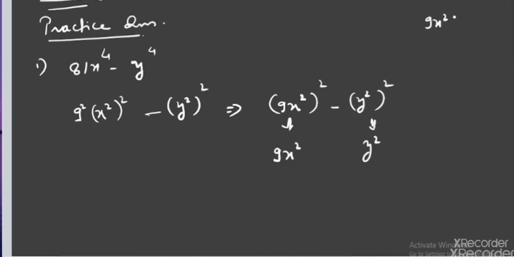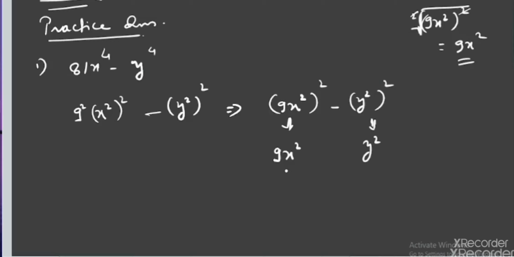When you put 9x square to the power square into the root form, this square cancels out with the root and removes the bracket, and you are remaining with 9x square. It means this is the root.